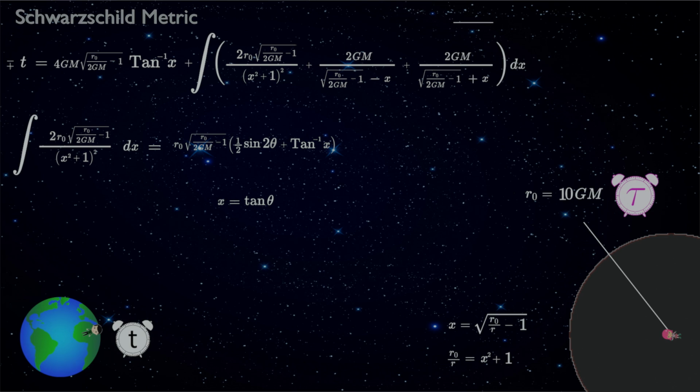To find out what 1/2 sine 2 theta is in terms of x, let's write tan theta as sine theta over cos theta, and then cos theta as the square root of 1 minus sine squared theta. And now let's manipulate this equation in order to solve for sine theta.